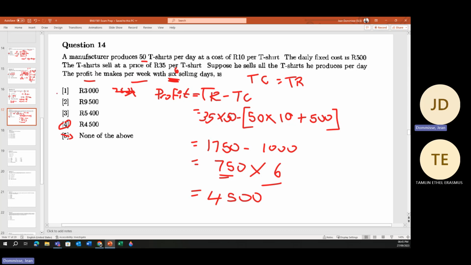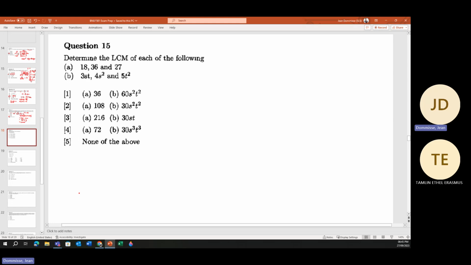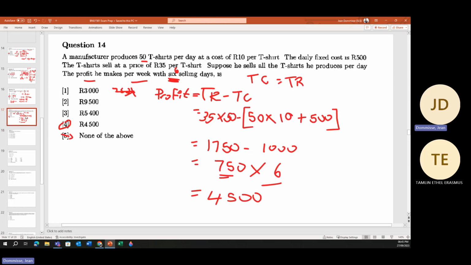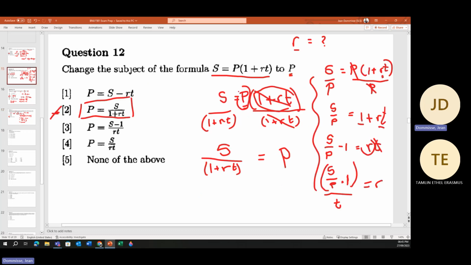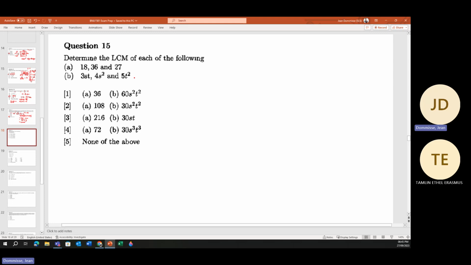Okay, so let's do one more for the evening. Let's see. Okay, so this is quite interesting. So from nearly going into costing, we've done a bit of that when we looked at interest rates. Now we go back to your lowest common multiple.